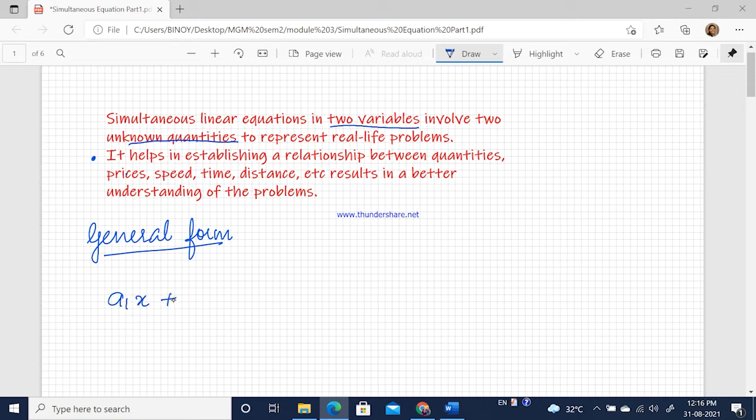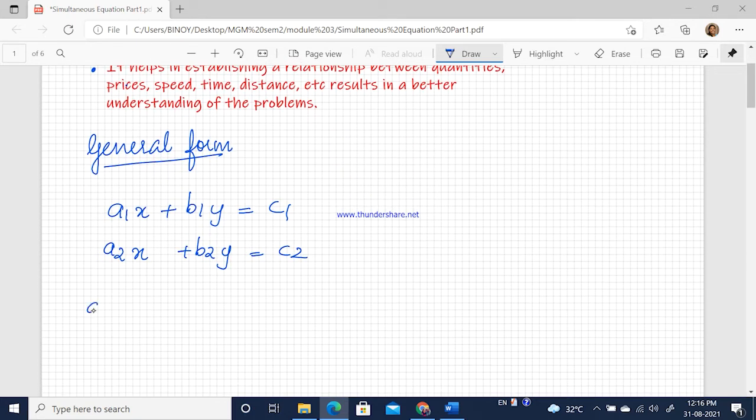The general form of simultaneous equations is a1x plus b1y equals c1 and a2x plus b2y equals c2, where a1 and a2 are coefficients of x, whereas b1 and b2 are coefficients of y.